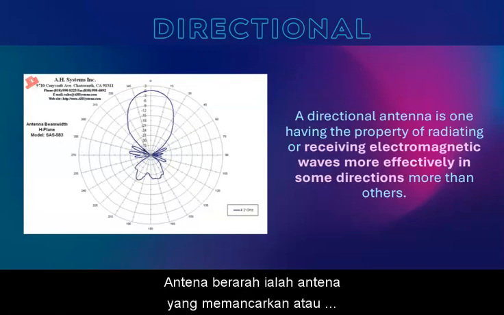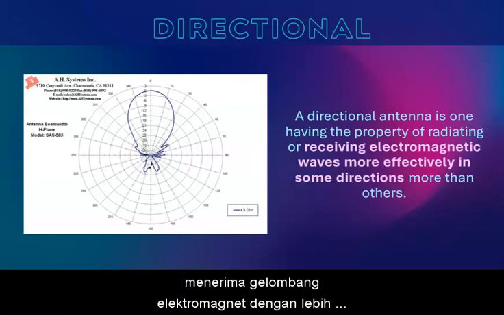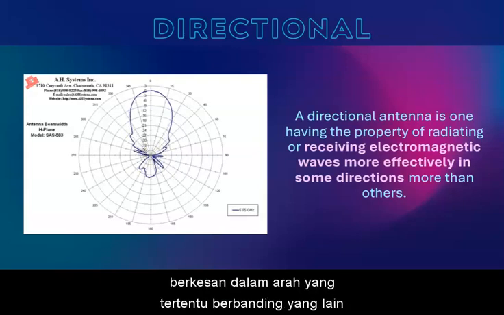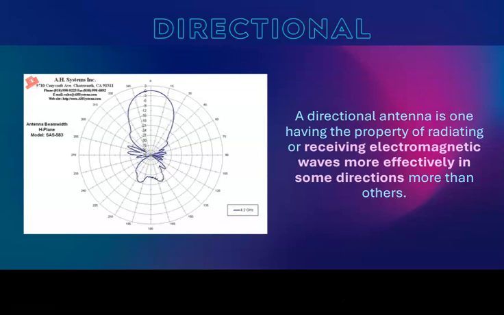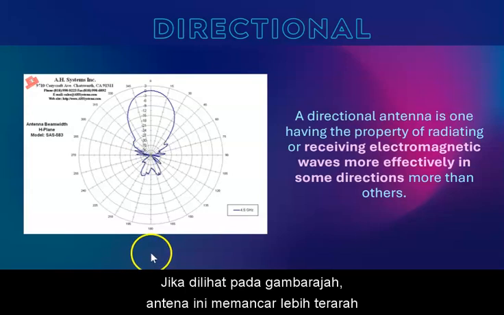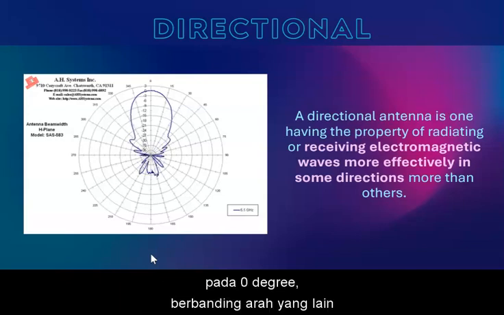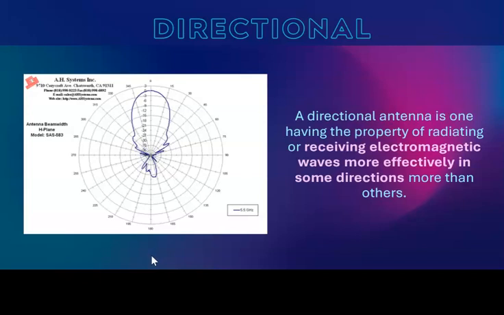Next, a directional antenna is one that has the property of radiating or receiving electromagnetic waves more effectively in some directions than others. If you look at this figure, this antenna is actually radiating more at 0 degrees compared to the other areas.